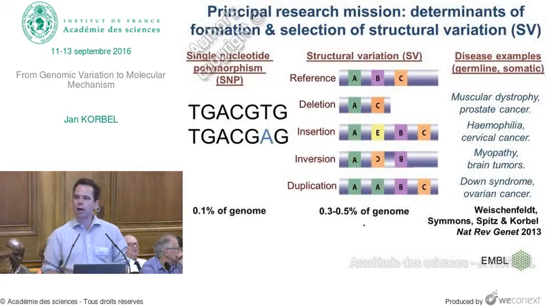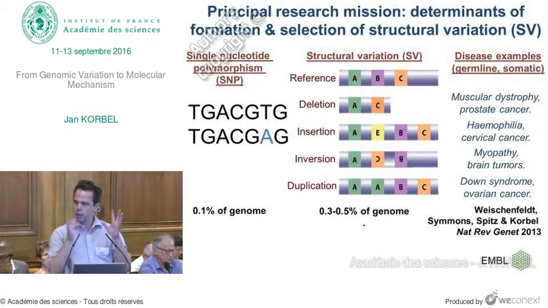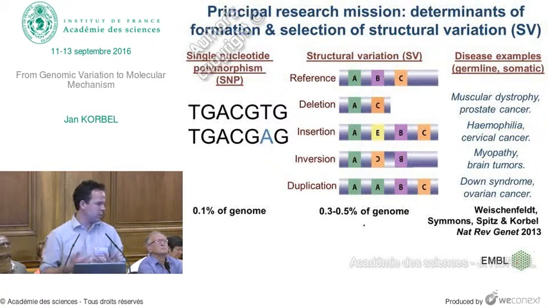And several other heritable diseases are linked to this form of variation, as well as cancers that arise, as we all know, due to variations that form during our lifetime somatically. Most of my talk will be on structural variations that we acquire during our lifetime that then lead to cancer.